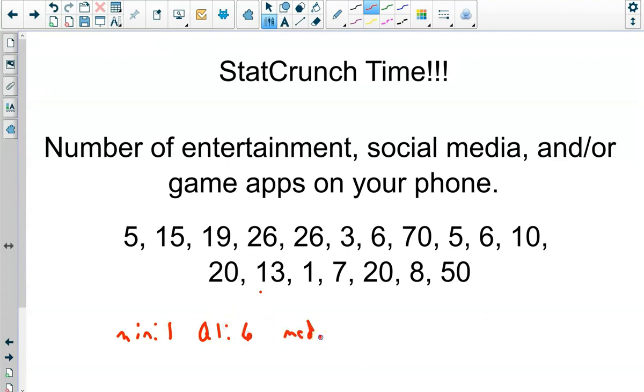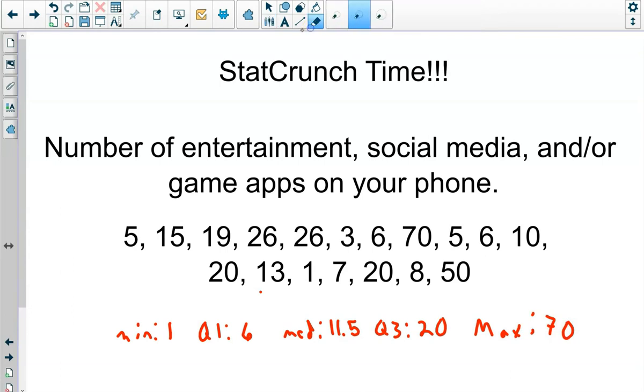The median ends up being 11.5. Quartile 3 is 20. And the max is 70. So again, we could have figured all this out by hand, but again, I'm lazy.